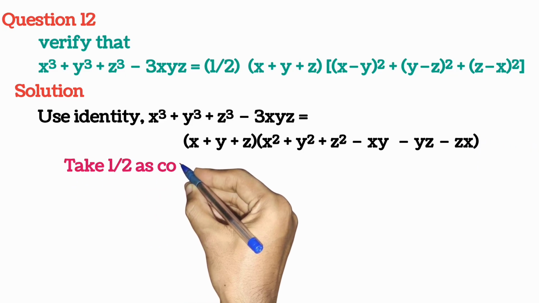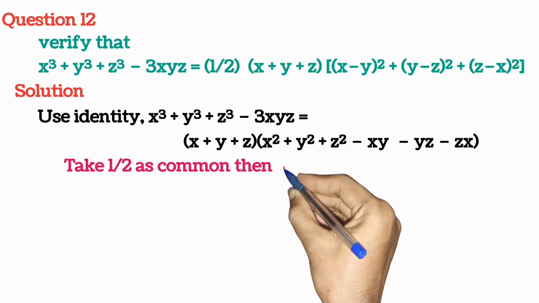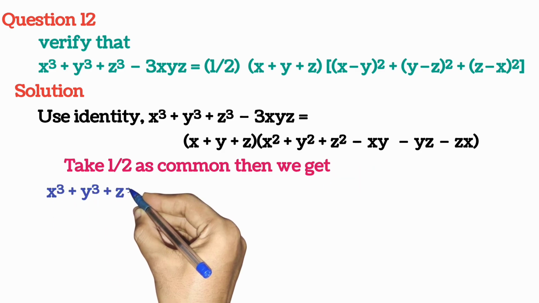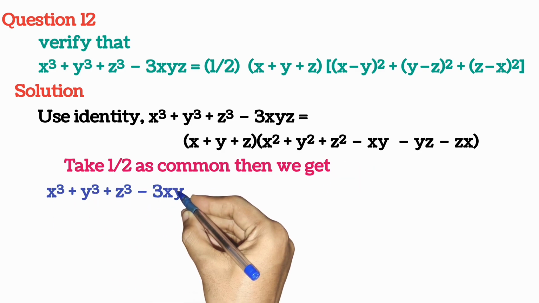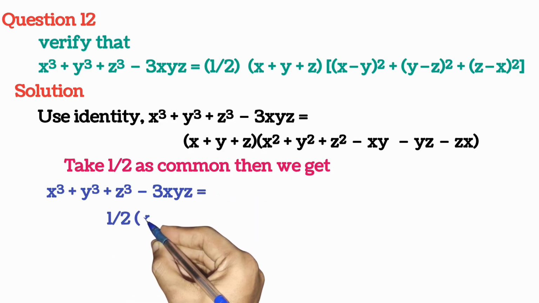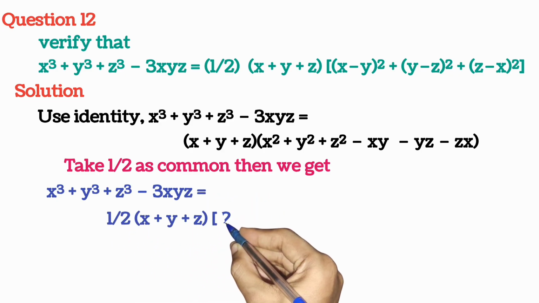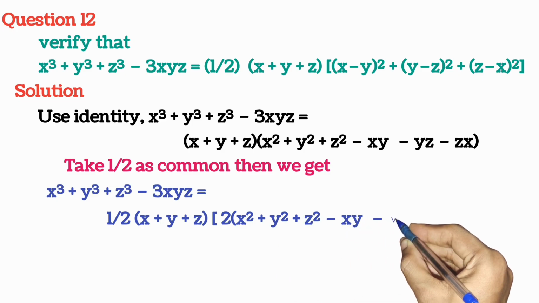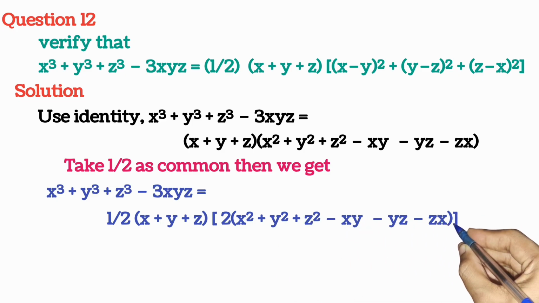Take 1/2 as common, then we get x³ + y³ + z³ − 3xyz = 1/2 (x + y + z)·2(x² + y² + z² − xy − yz − zx).